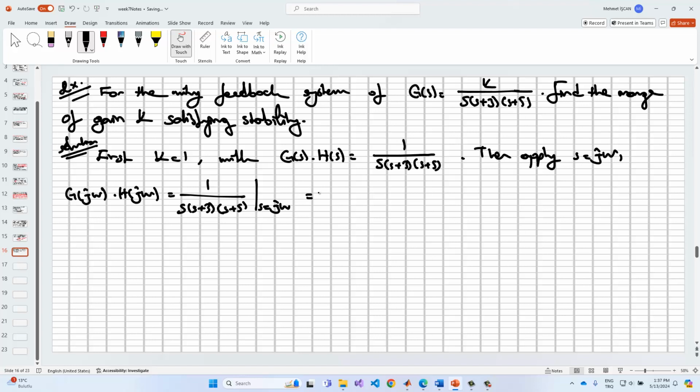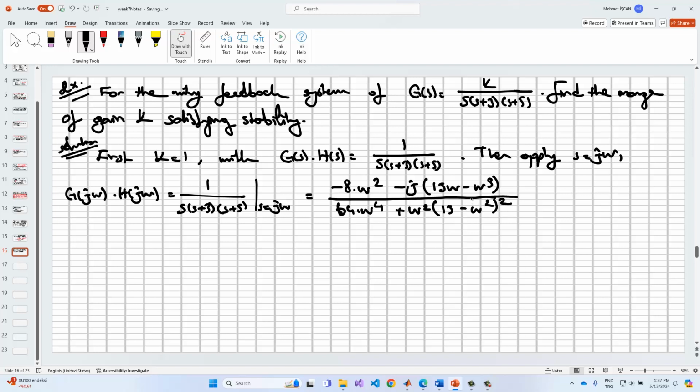And so in the absolute or magnitude form, we have minus 8 times w squared, j 15w minus w cubed over 64w squared plus (15 minus w squared) squared.